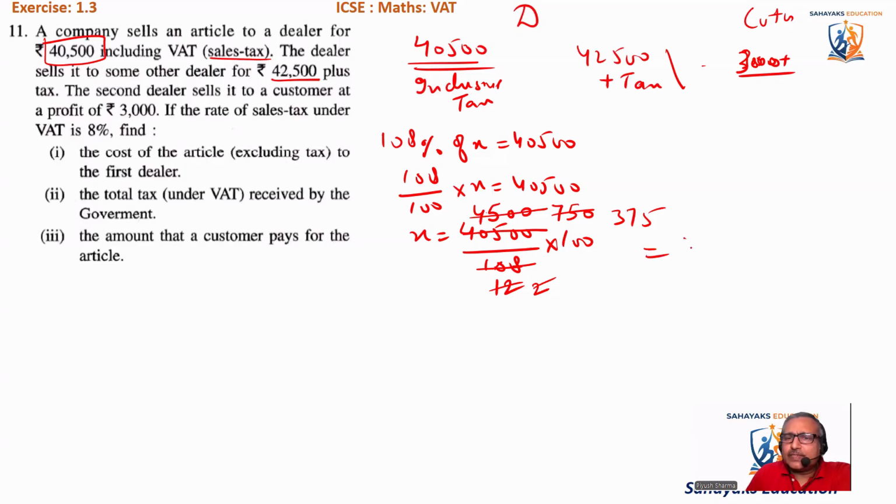So the value comes out to be 37,500. The price at which the distributor sold it is 37,500 plus 8% of tax.